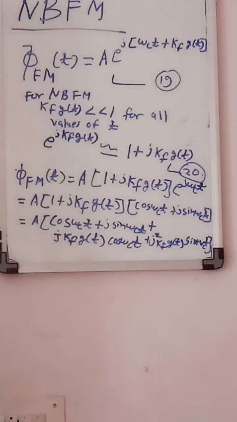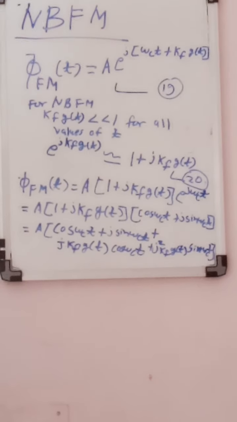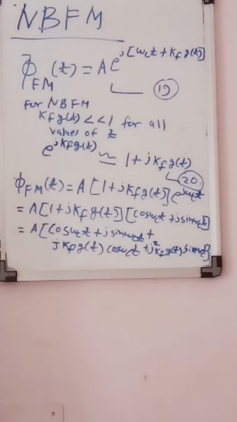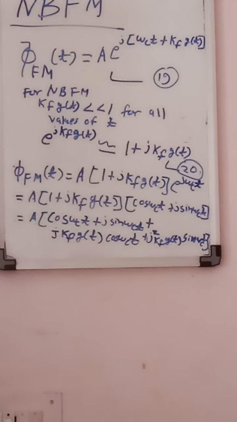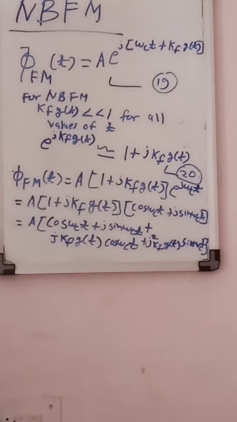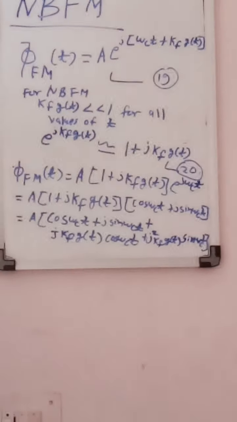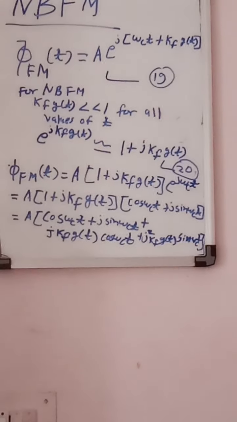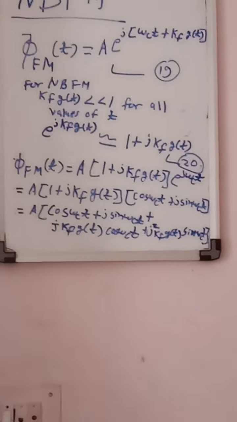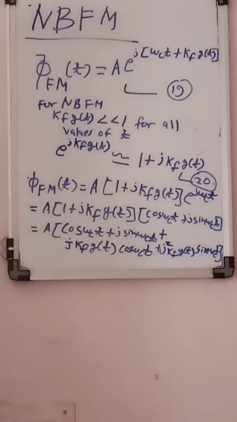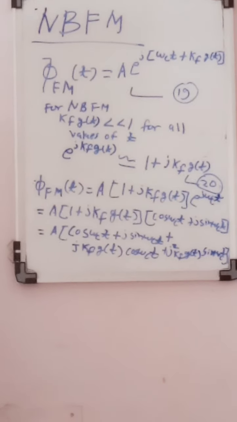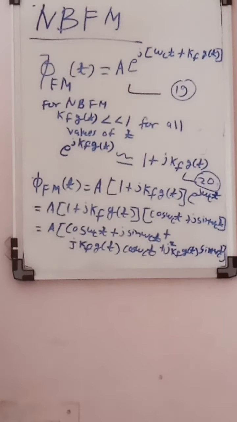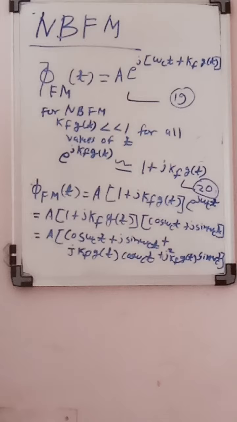Then I further expanded this expression: phi FM(t) is equal to a times 1 plus j kfg(t), into e to the power j omega ct. Here I have expanded e to the power j omega ct, that is cos omega ct plus j sin omega ct, giving a cos omega ct plus j sin omega ct plus j square kfg(t) sin omega ct.